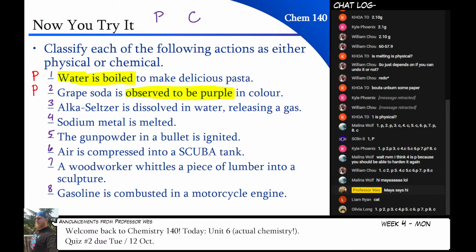Now, this third one contains a word that I don't like to use for figuring out whether it's physical or chemical. And that word is dissolved. I'm not going to highlight the word dissolved here. And the reason for that is because if something dissolves, it's a little ambiguous because you might be able to recover it.